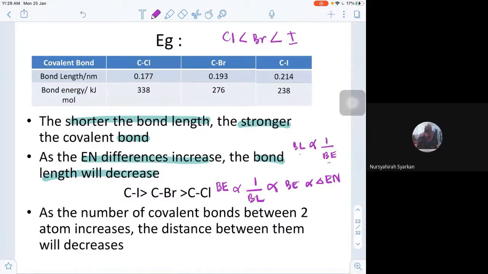The higher the energy needed to break the bond, the shorter the bond. The less energy needed to break the bond, the longer the bond length. Higher energy, shorter length. Low energy, longer bond.